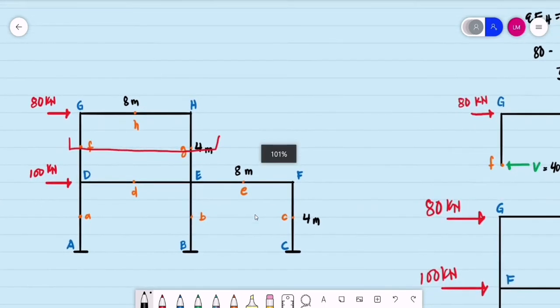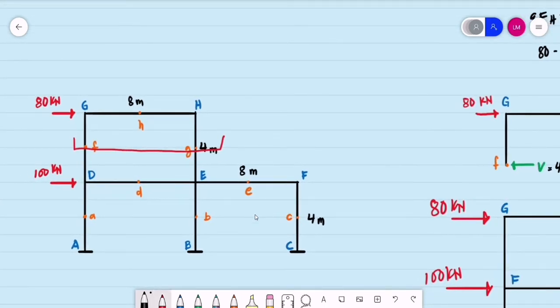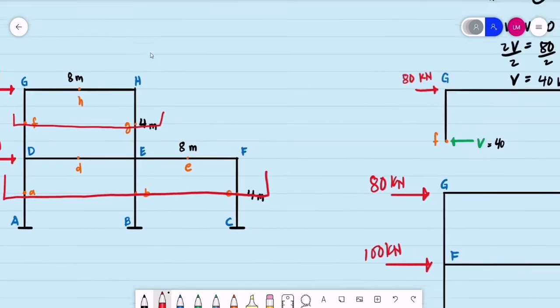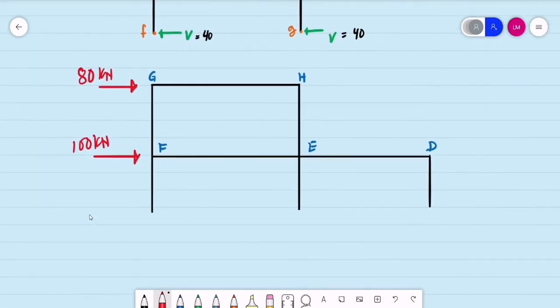Now we are considering the first level. We are to separate the part of the frame starting at these inflection points of the columns on the first level. So we have these points of inflection.